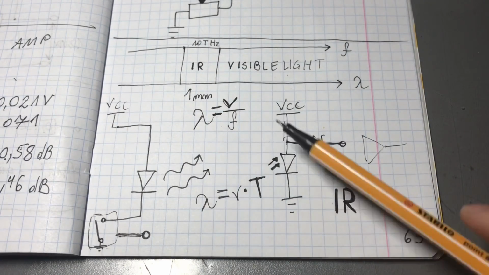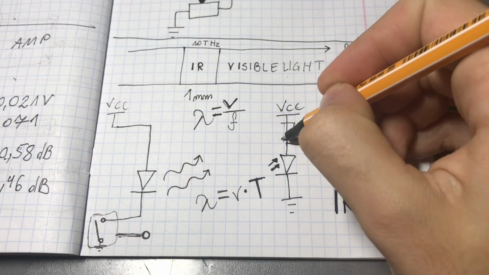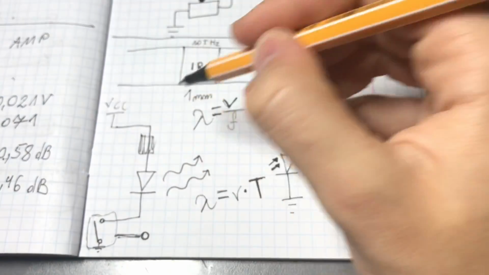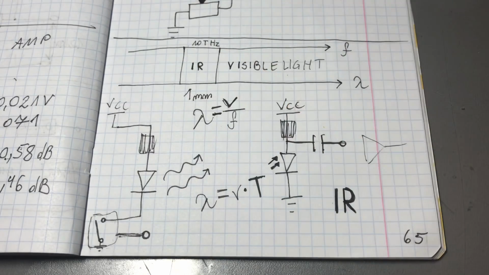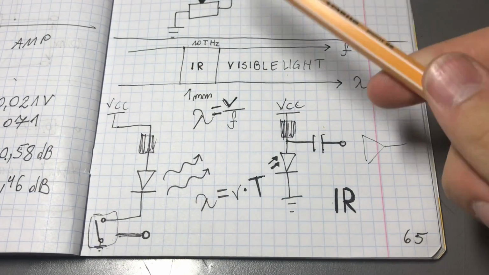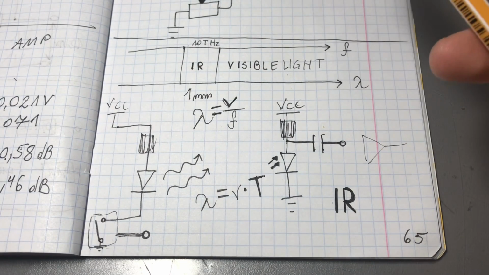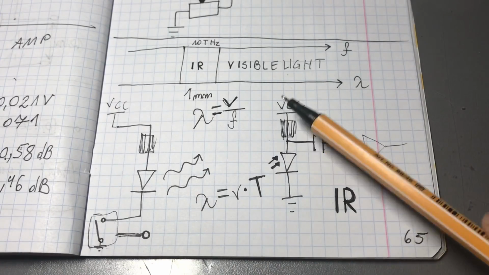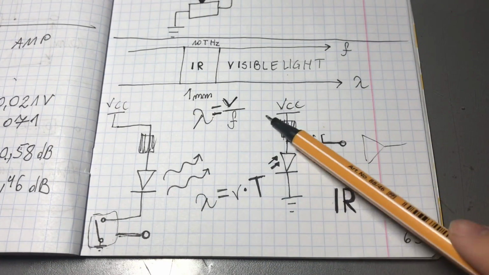We receive it in a pretty simple way. Of course, there should be some kind of resistor here and here too, but to make the schematic a little bit easier, I just didn't write the resistors down. What we need to do here is mainly the same thing.